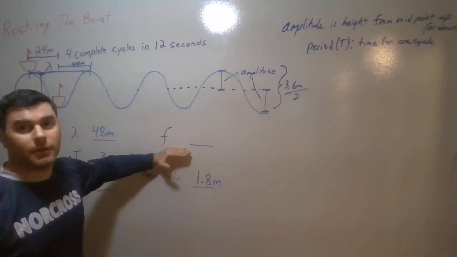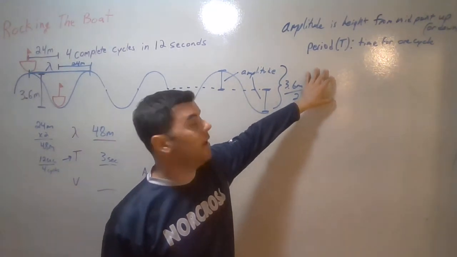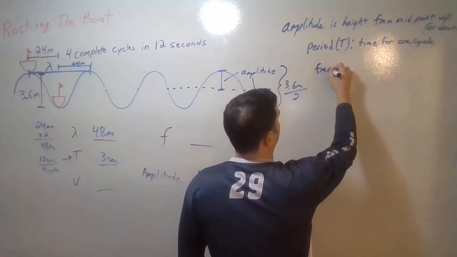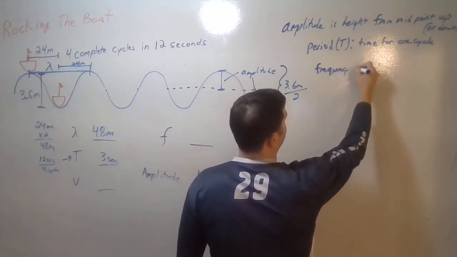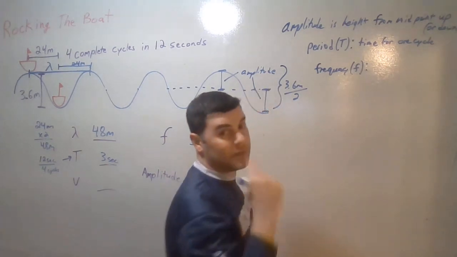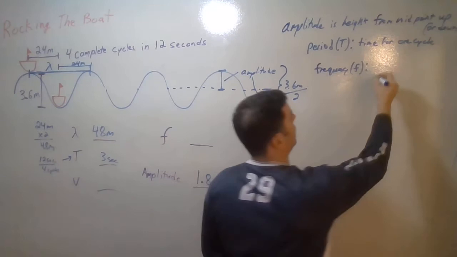Now we'll figure out frequency. Again, I'll put the definition for frequency up here, keep that running, and tell you how to figure out frequency. Simple definition for frequency is cycles per second.